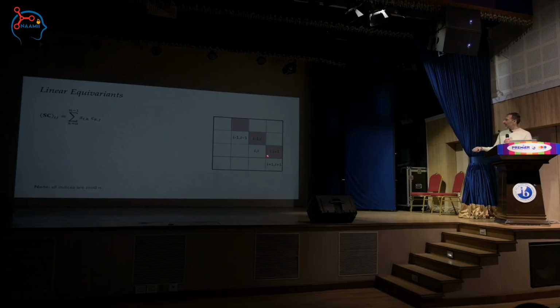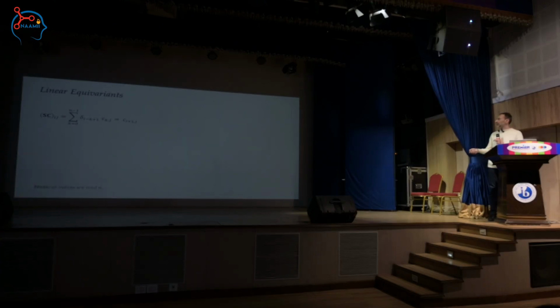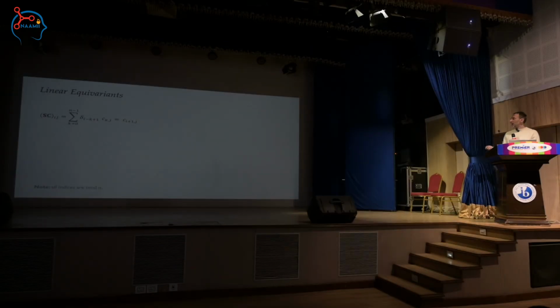So it's one diagonal off from the identity, right? So it has ones here and zeros everywhere else, right? So I can write it like this. I will denote it by delta, right? So delta means that it's one only when the two indices are the same, right? So when the index here i minus k plus 1 is 0 and 0 elsewhere, and the output will be C at position i plus 1, j, right?